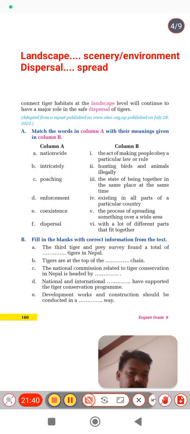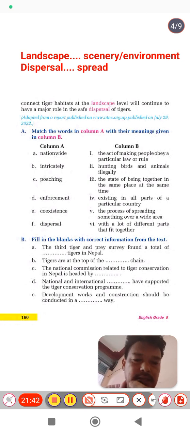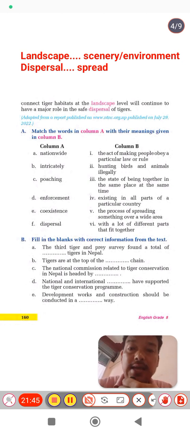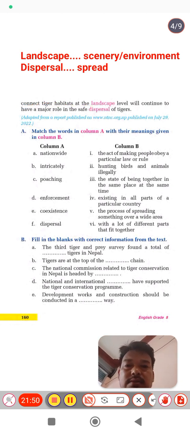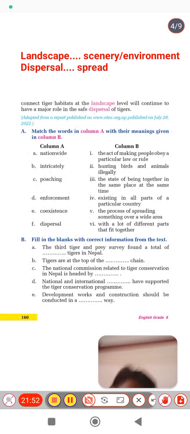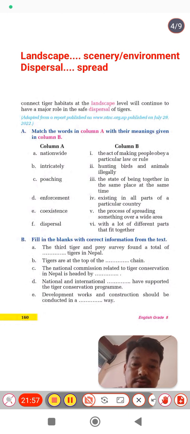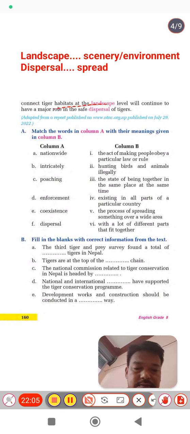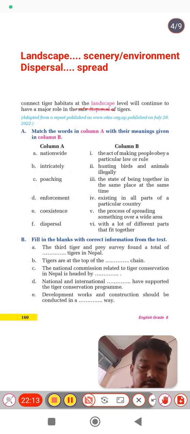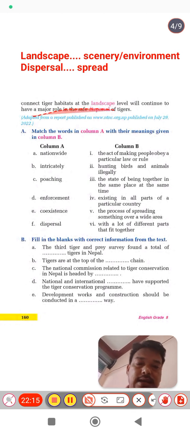So effectively managing corridors in a way that connects tiger habitats at the landscape level will continue to have a major role in the safe dispersal of tigers. So a good wider passage, a good wider way should be there, so that the tiger can have a suitable and friendly environment, and in this way this will surely help in the safe dispersal of tigers.